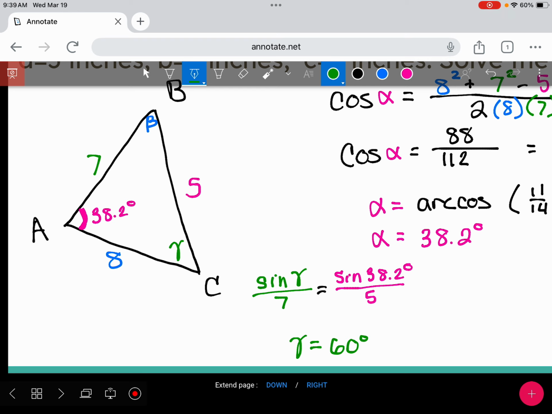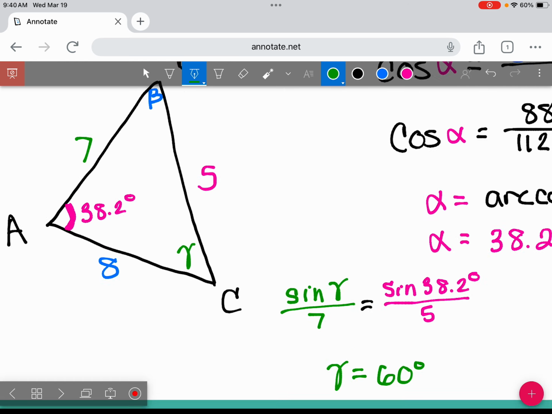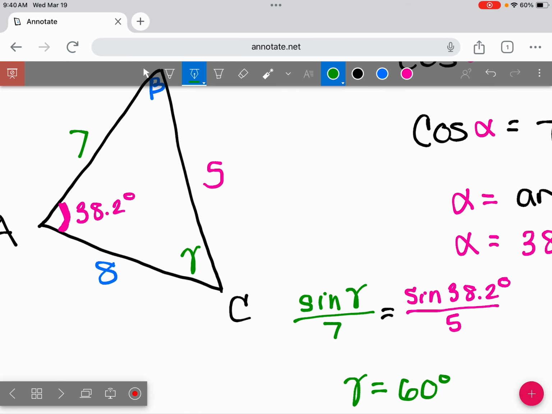I subtracted so that I could get the other missing angle, and then I just made it pop. Okay, cool. I was just very lost. You were just ahead of me. I just hadn't gotten through thinking that part yet.